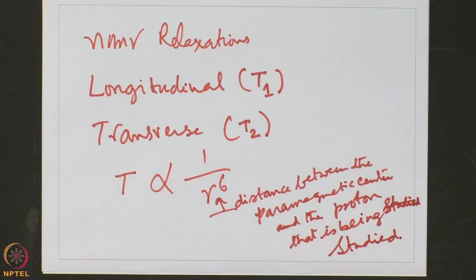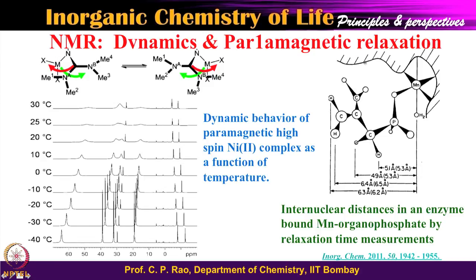Okay. So therefore this phenomenon can also be explored and exploited, and that is the example shown here. This framework is a protein framework, and there is a manganese ion, and this manganese ion is bound to protein on one side, on the other side it is bound to this particular phosphate moiety having this carbon skeleton.